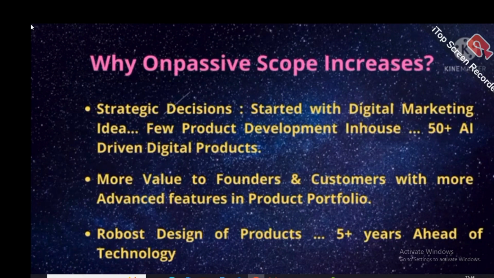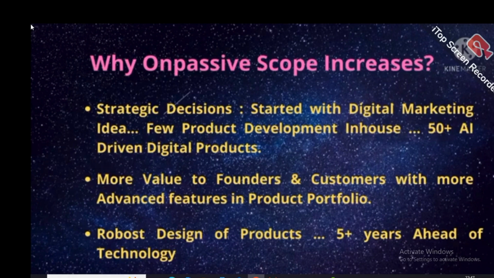But during that third party development stage, our honorable CEO Mr. MUFAREH realized that if we want to satisfy the customers, we should have in-house product development. So with the idea of product development, the in-house Bangalore office was started.